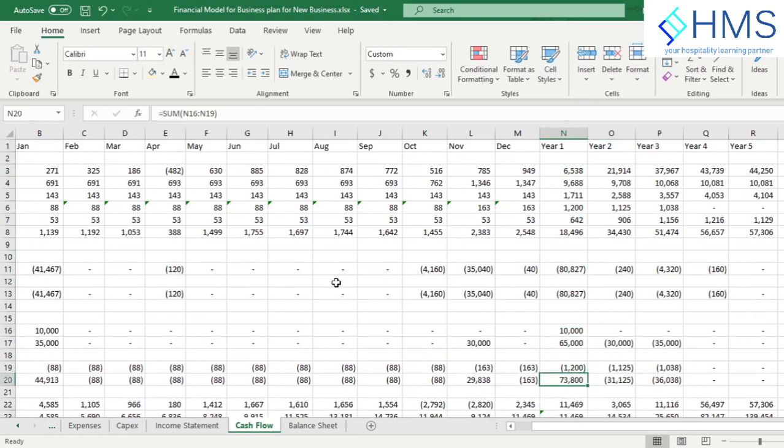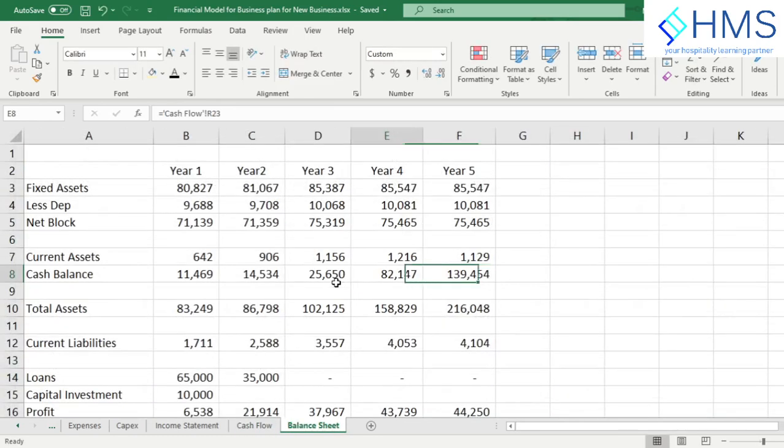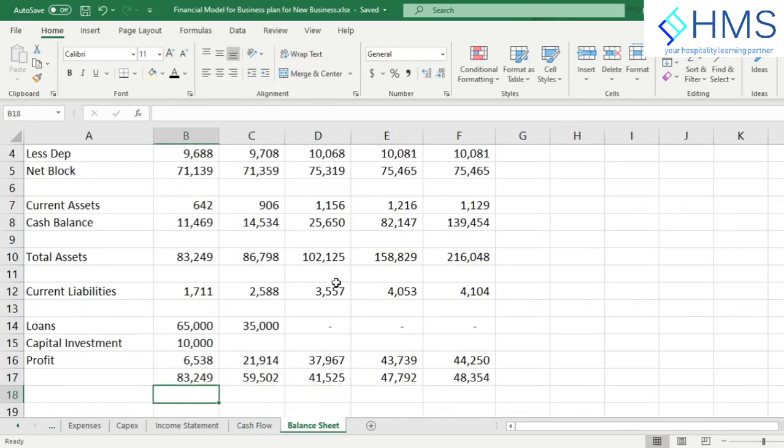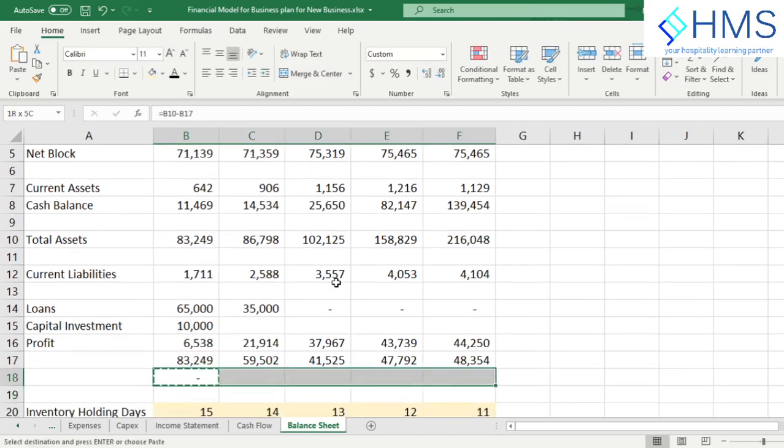Year one is minus 80,000, net is 11,000. So does the balance sheet tally? Yes, this balance sheet is tallied. So first balance sheet is tallied. The other balance sheets are not getting tallied.